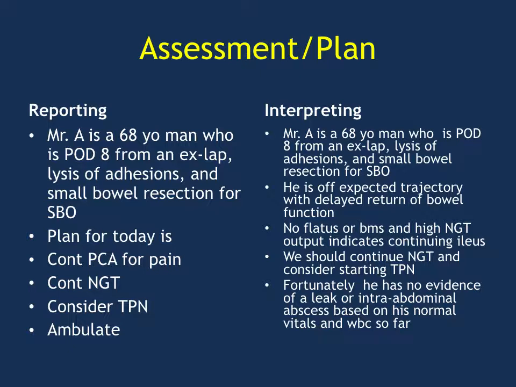One of the complications that we're always concerned about is wound infection, and there's no evidence of a wound infection so far. Another example would be if this was a dirty case and the wound was closed. I think every day it would be important for the learner to address the concern for wound infection, and whether the wound either has early signs of infection or doesn't.